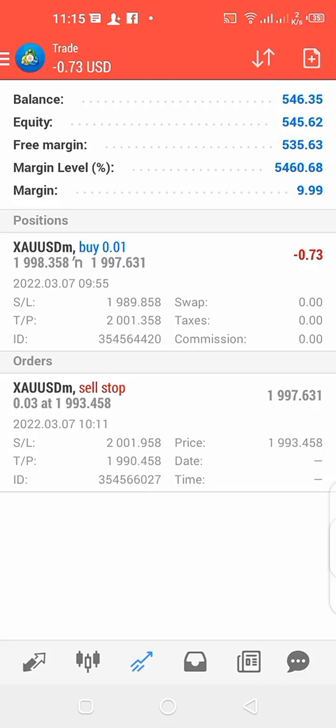But on the 5-minute chart, I saw a closure of the last candle with a pin bar indicating that price will go up. So I had to close the sell trade. And then, as you can see, my drawdown is being reduced, indicating that price is going up on the charts.